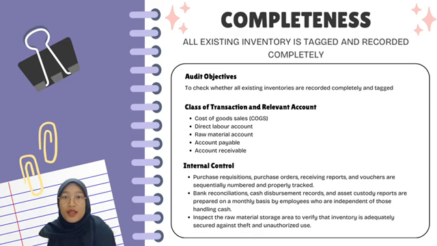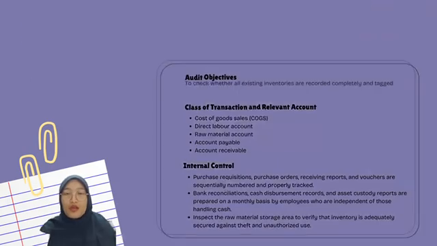Crucially, we will examine the internal controls in place, including sequential numbering of purchase requisitions and inventory, regular bank reconciliation, and physical inspection of the raw material storage area to ensure inventory is adequately secure against theft and unauthorized use. These controls are vital for ensuring the completeness of inventory records.